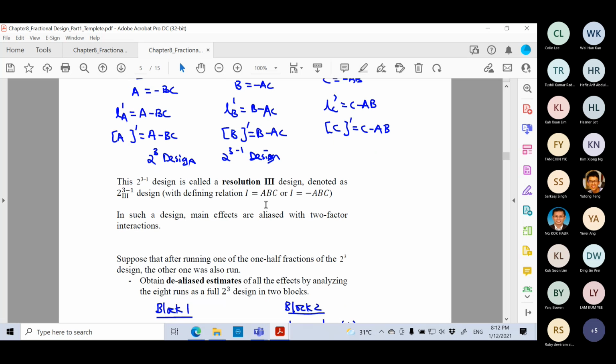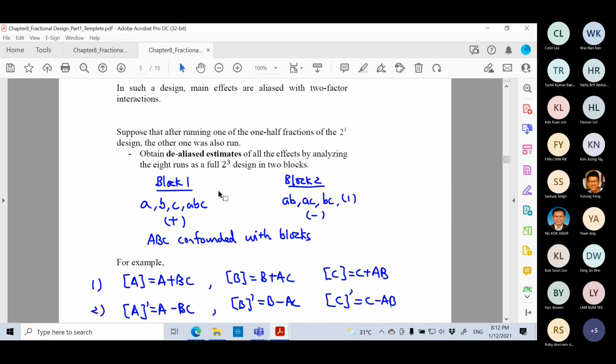Okay. So here I have also told you that we do the confounding, and the alias structure can also be based on what you have learned before, that ABC is confounded with the block. We just group those at the plus and the minus sign together. Then you only run the first block or the second block.